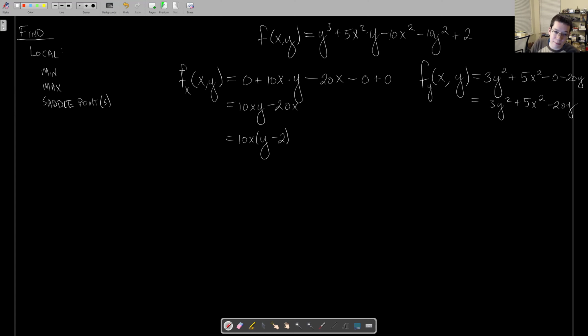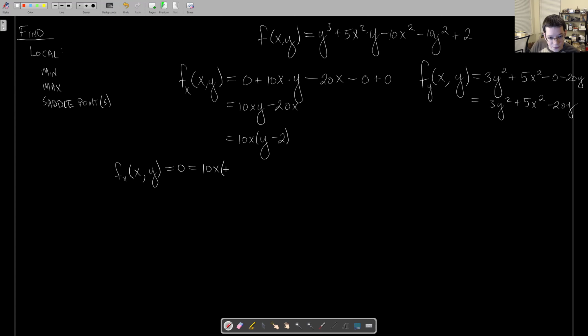So if we want to find a maximum along x, or a critical point, I should say, along x, we're going to say, okay, f derivative with respect to x of xy is equal to 0. Stop that.